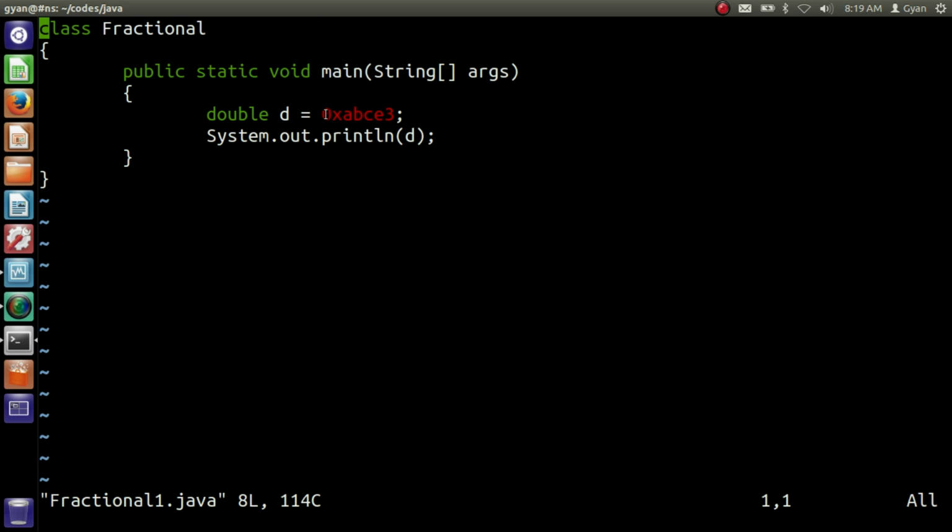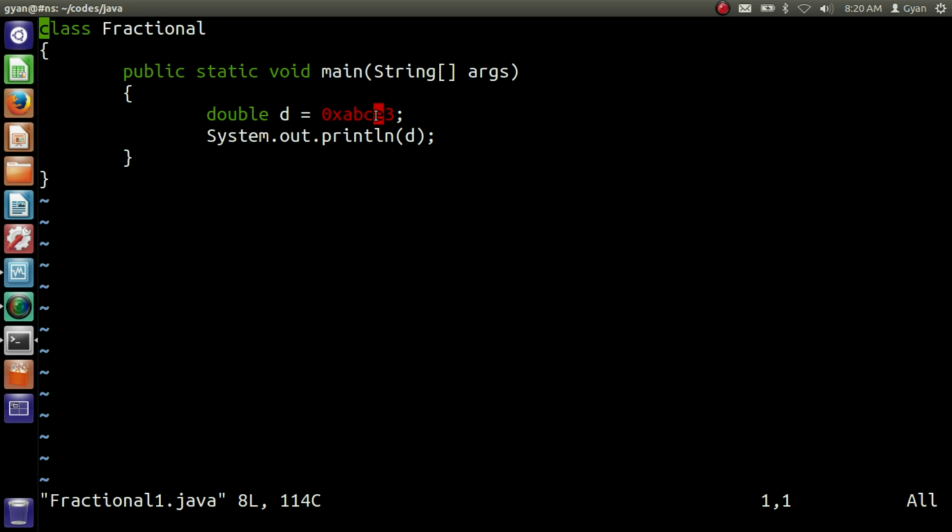If the significand is in hexadecimal and you try to write E for the exponent, then the E is also considered as hexadecimal and the whole literal changes to an integer rather than a floating point number. So this literal is of integer type, not floating point type. If you are writing the significand in hexadecimal, you must write P as an exponent.